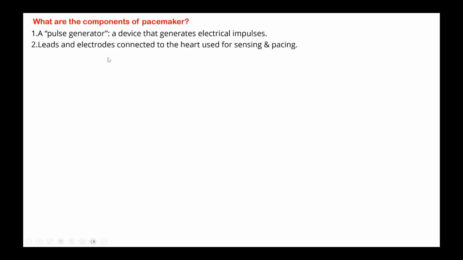What are the components of a pacemaker? Leads, electrodes, pulse generator. First, they should have a source of electrical delivery system, that is a generator. A current generator is there. So a pulse generator is a very important component of the pacemaker. That only delivers the current that is required, and that is passed on to the heart by leads, electrodes connected to the heart, used for sensing and pacing.